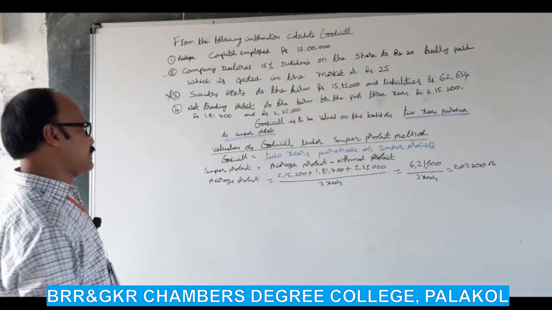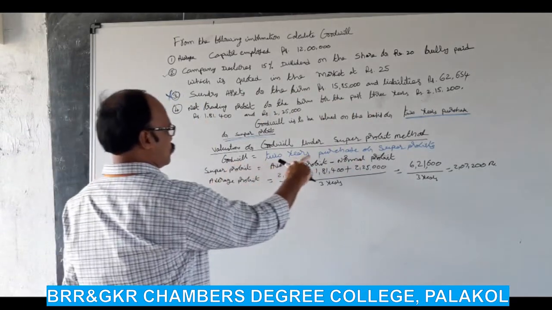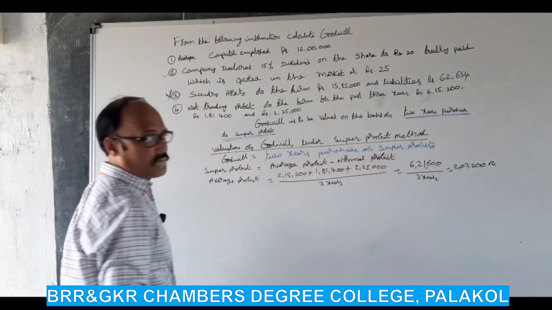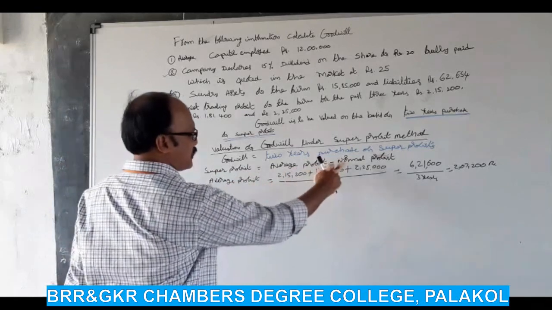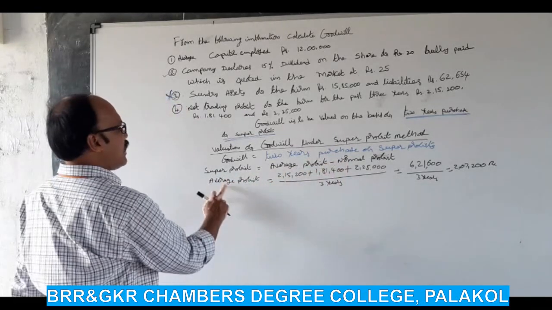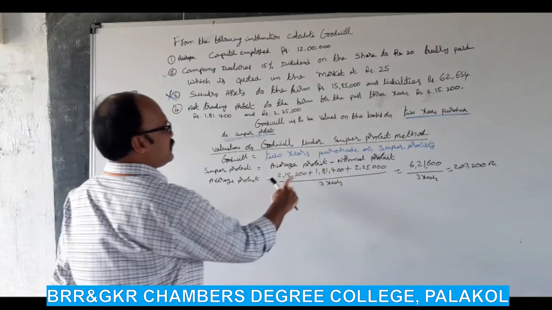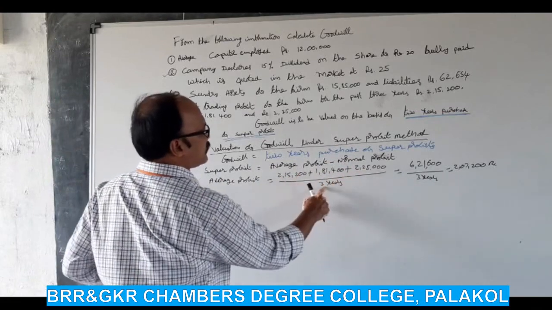Once again I am telling that goodwill is equal to 2 years purchases of super profits. Super profit is equal to average profit minus normal profit. Average profit is equal to total of 3 years profits by 3 years.